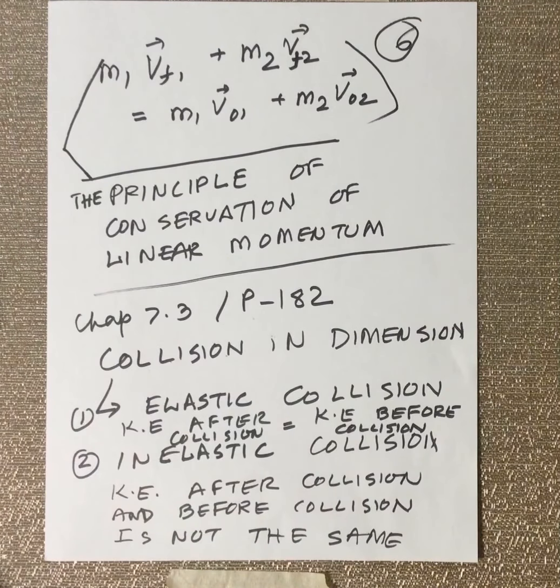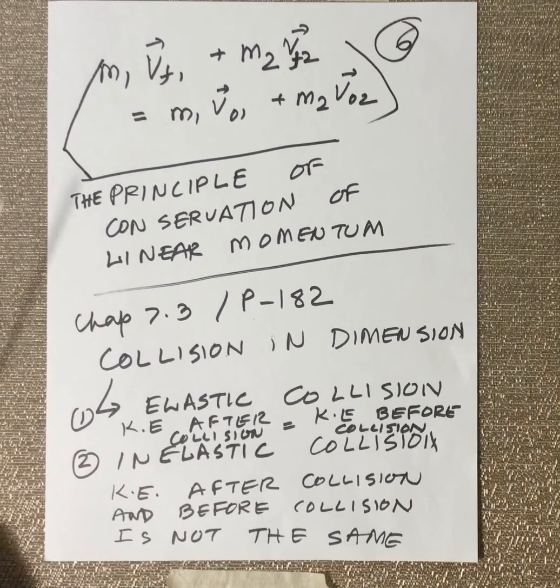In this page we have now M1 times V final plus M2 times V final for object 2 equals M1 V01 plus M2 V02.